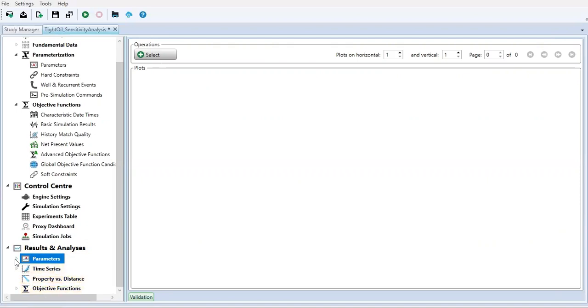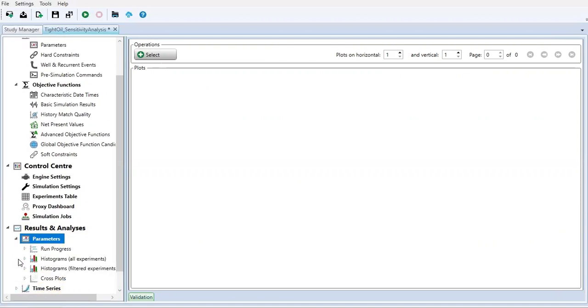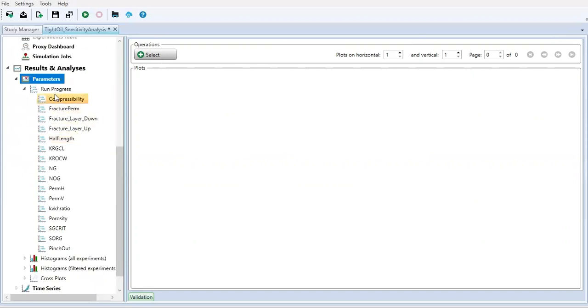We can expand the parameters, and you can see we have run progress, histograms all experiments, histograms filter experiments, and also the cross plot. We check the run progress, and we have all our parameters that we inserted in our experiment.